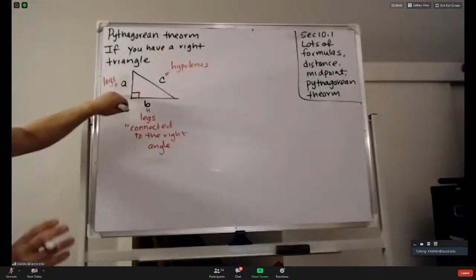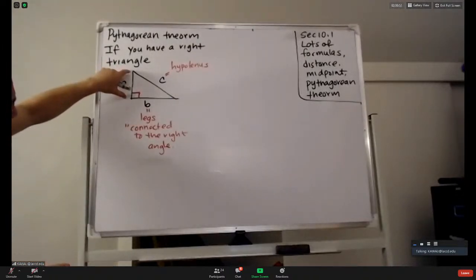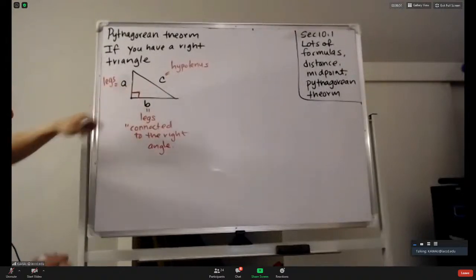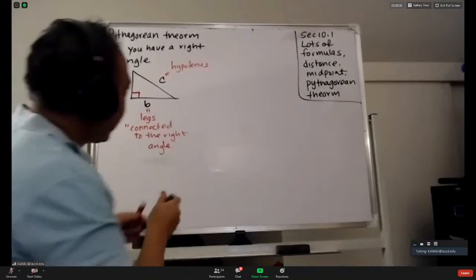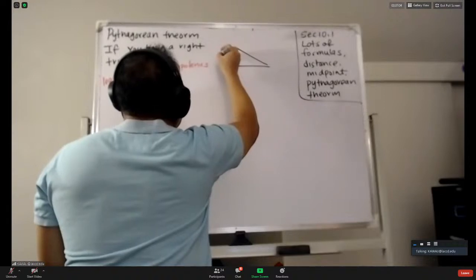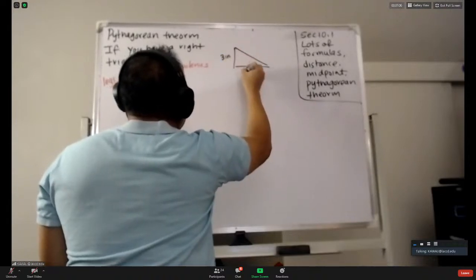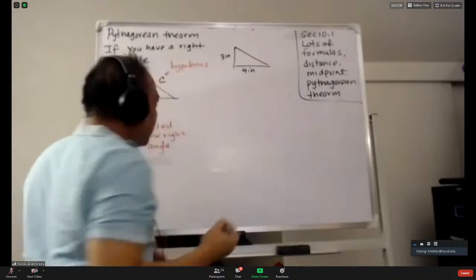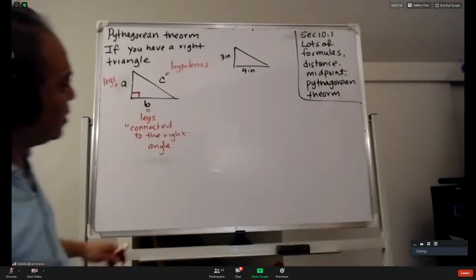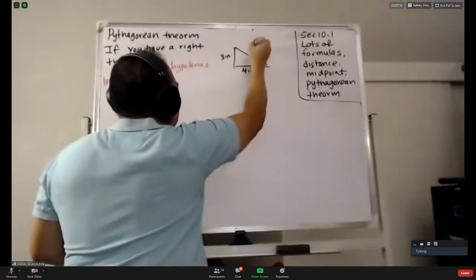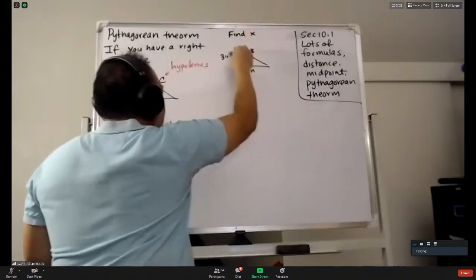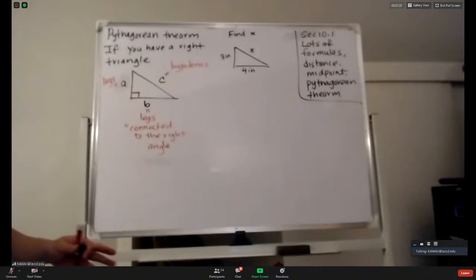Okay, so understand what A, B, and C are. It's the length of this, the length of this, and the length of this. So let's say I give you a question where I say, this is 3 inches. This is 4 inches. How long will that be? I want to know how many inches that length is.